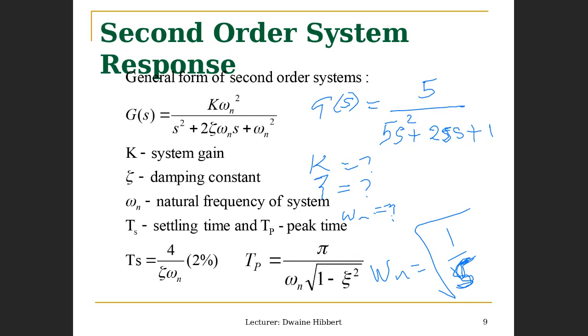So here, what I believe you're saying is that we need to have the expression looking exactly like what is here. Yes, sir. What is required is that the coefficient of s squared must be 1. Correct. And so to achieve that, you have to divide throughout by 5. That means to divide the numerator and the denominator by 5.